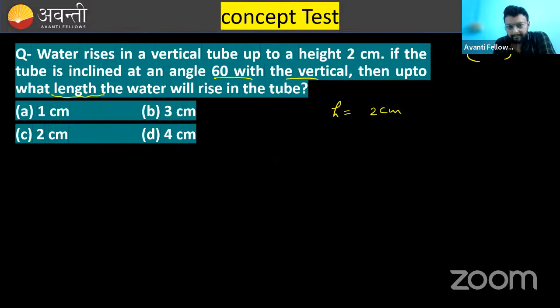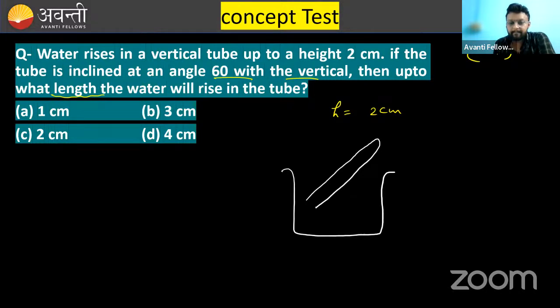No problem. We will draw the diagram. The situation is like that. The tube is inclined at an angle of 60 degrees with the vertical.